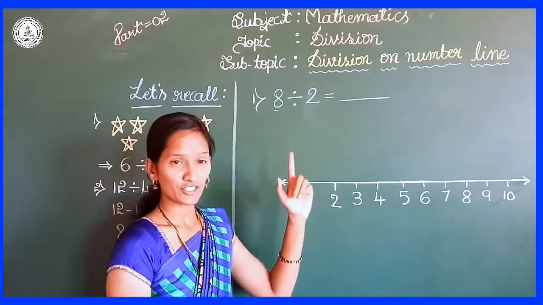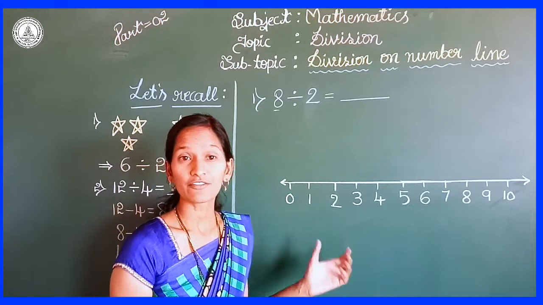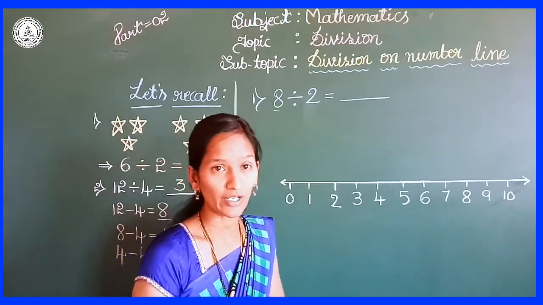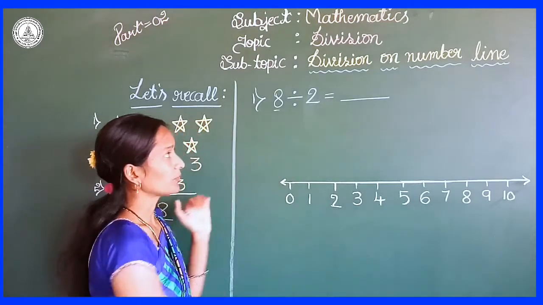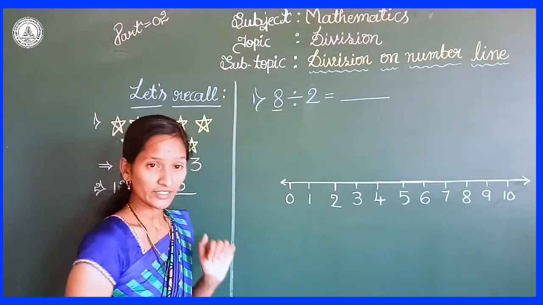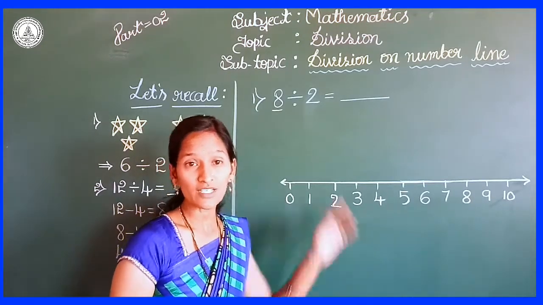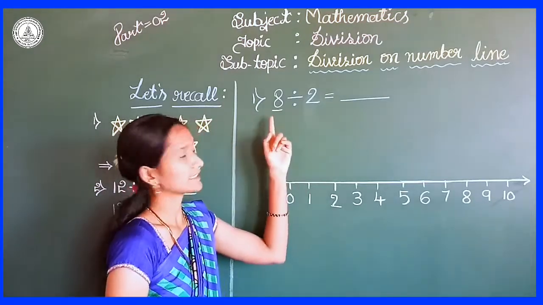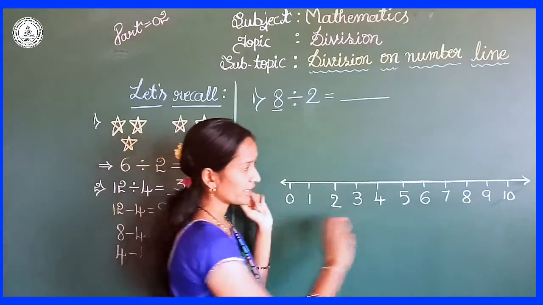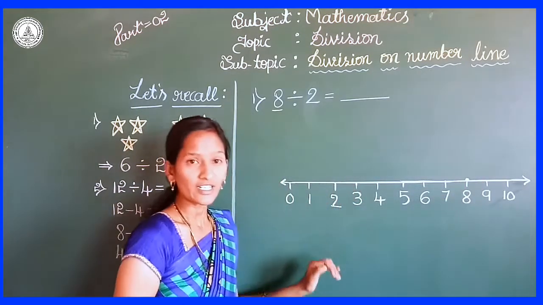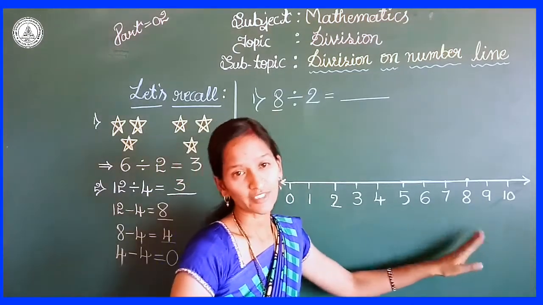But in division, we do not start from 0. We always start from the starting number. In this given problem, which is the starting number? That is 8. Here is the number 8, so I am starting from 8.